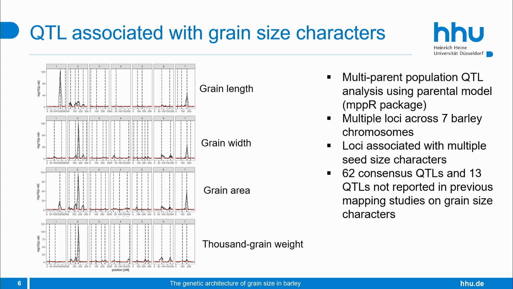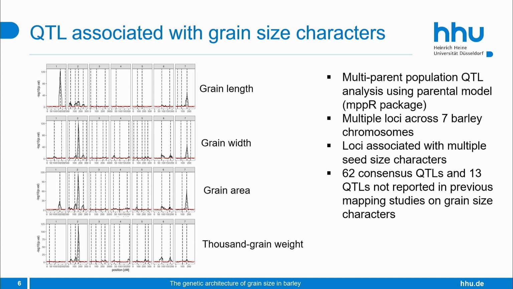In the next step, we performed a multi-parent population QTL analysis using an R package called MPPR, and we used the parental model because it utilizes the information of the connections between the parents for each cross, and also it assumes that the effect of parent is constant across each cross.